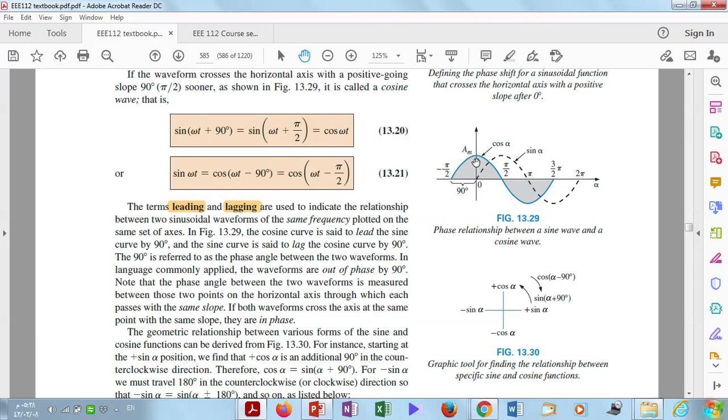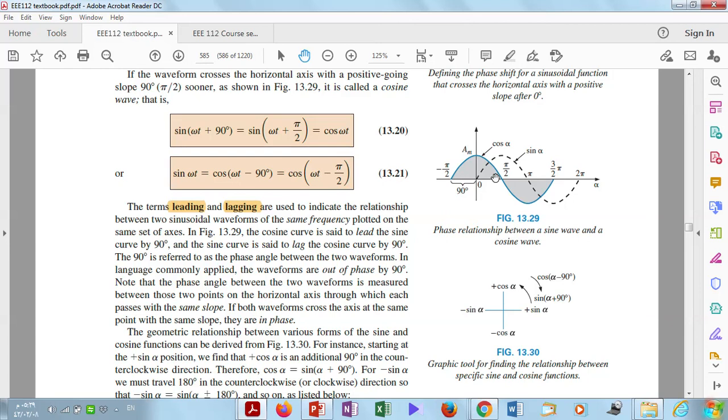Okay? For any waveform, if we need to distinguish between them, who is leading, who is lagging, you need to look at who reaches 0 before. Cosine reaches the 0 here, and sine reaches the 0. Cosine reaches 0 at 90, sine reaches 0 at 180.